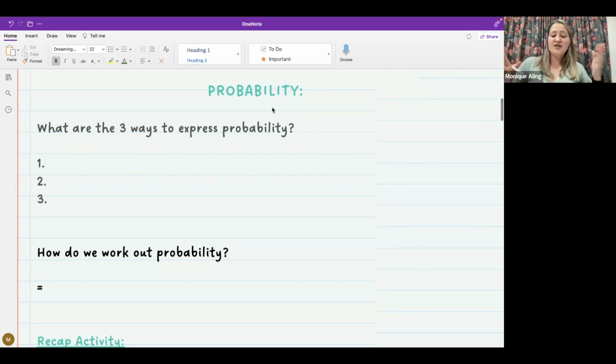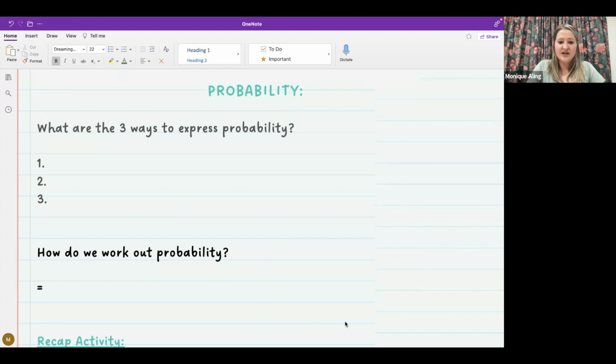Okay, so what we've got on the screen is pretty much Monday's lesson in a nutshell. We went through expressing probability in fractions, decimals, percentages, as well as using the formula for probability. Okay, you can't see what I'm writing.